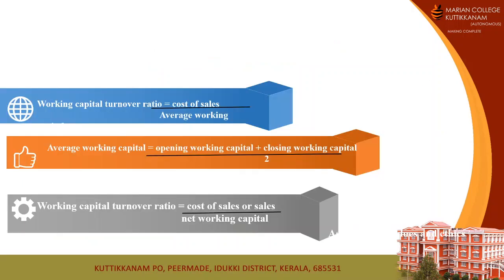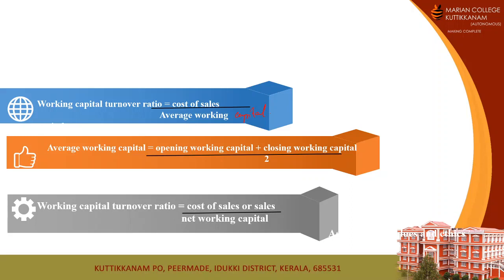And working capital turnover ratio can be calculated by dividing cost of sales by average working capital. And how can we calculate this average working capital? Opening working capital plus closing working capital divided by 2.